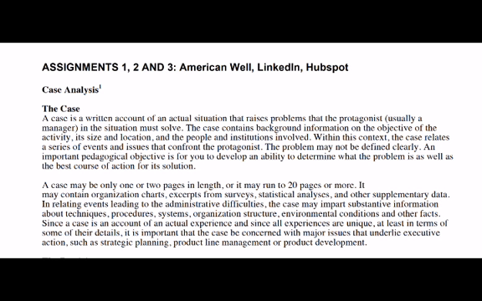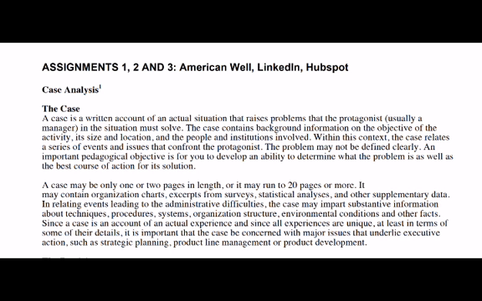But sometimes it is not uncommon to find a case assignment where the case writers did not have permission to use the name of the original company, so they change the names and you can't recognize it at all. And it is a story because it is based on facts, but it is in fact stylized. So not everything in the case is exactly accurate. It's not a newspaper article or a research paper. It's a pedagogical tool to help train managers.